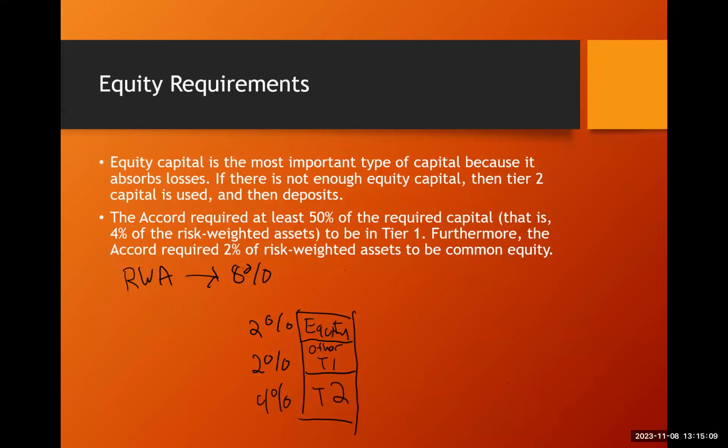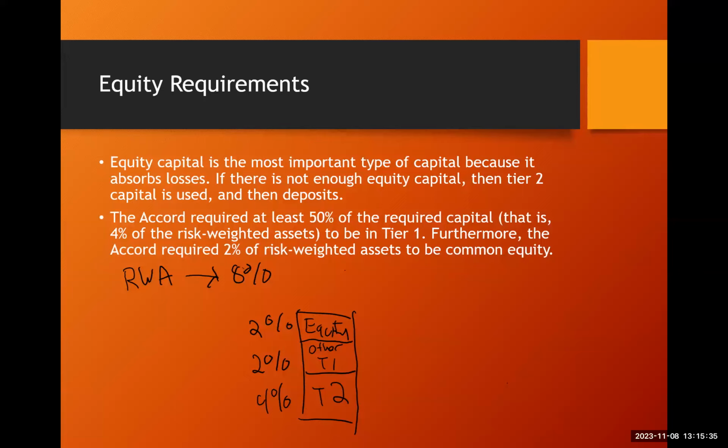And this gives us our starting point for what the capital requirements are. So at a baseline, with the Basel Accords, you have a credit risk that gets incorporated into your risk-weighted assets. 8% of your risk-weighted assets has to be held as capital.